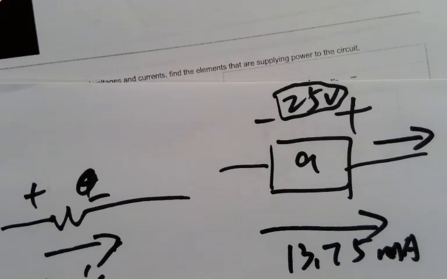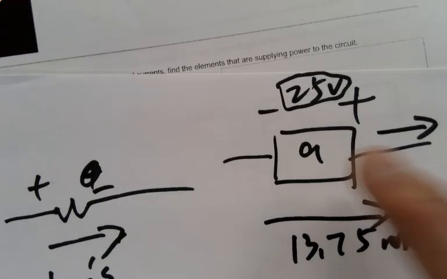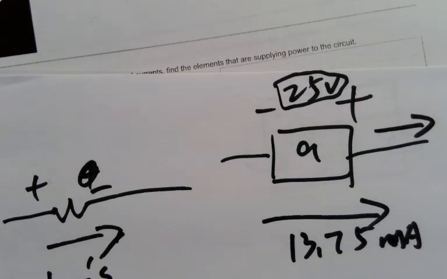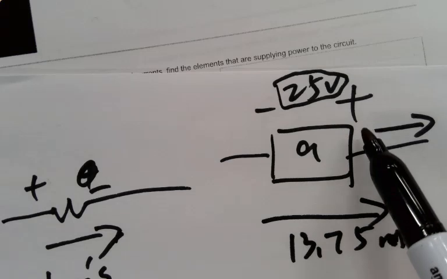Okay? So when I'm talking about negative power, it's just serving that problem. If it's asking you, what's the power of this guy? It's a negative power. For calculation, it's a negative power. It's delivering, it's sending out power because the current is flowing out from the anode.